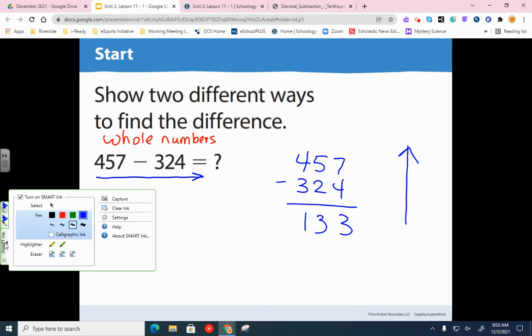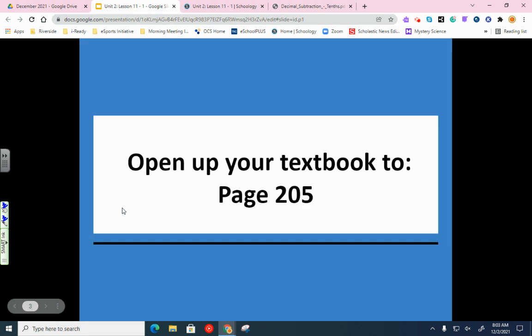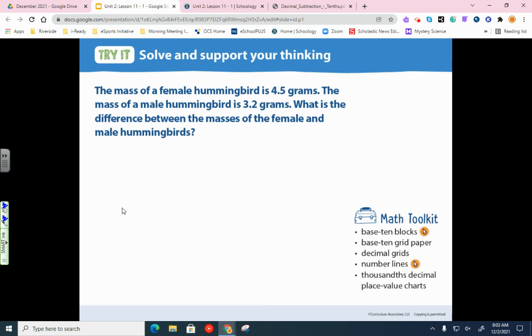Okay, so again, a short lesson since it's the first session for lesson 11. We'll go ahead and turn to page 205. Let's talk about this one. You see that we're working with two numbers that both have values in a tenths place, so we don't have to worry too much about lining them up properly because they are basically the same values there.